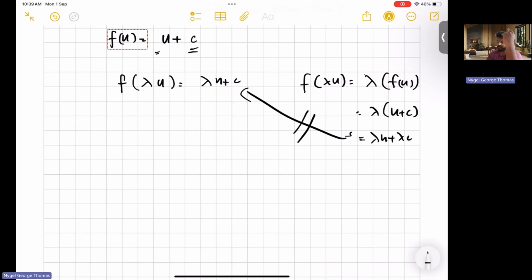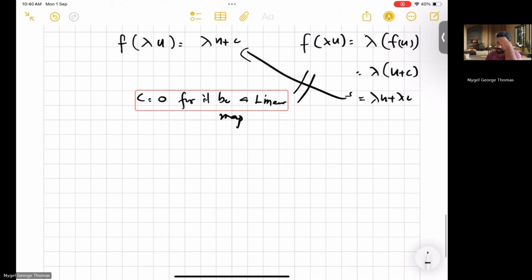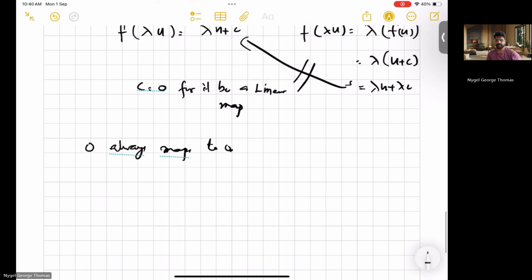If it has to be a linear transform, c has to be 0 for it to be a linear map. In fact, if that is 0, then 0 always maps to 0. I hope the argument is clear. 0 should always map to 0.